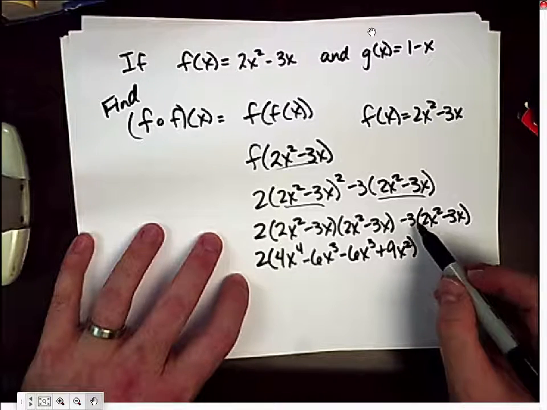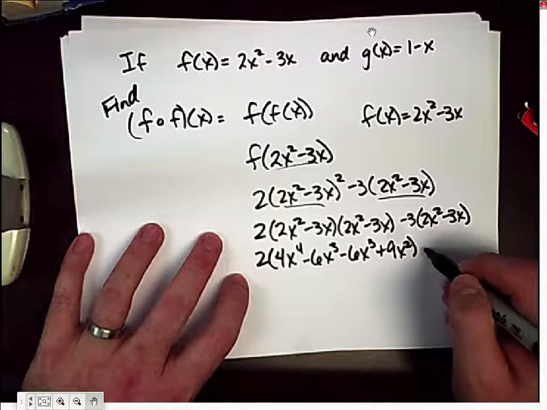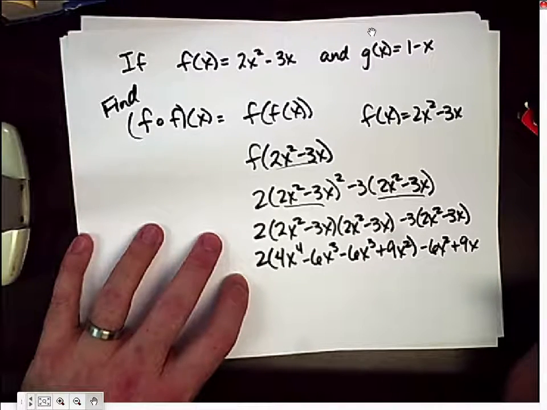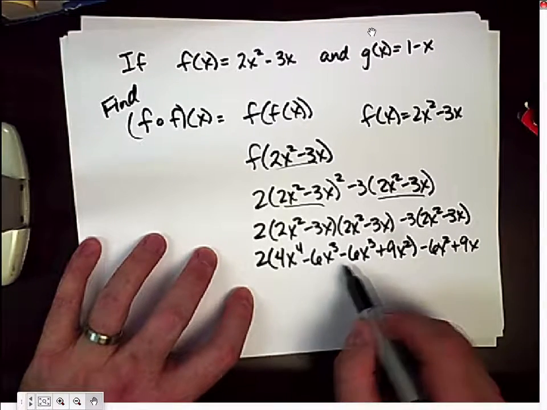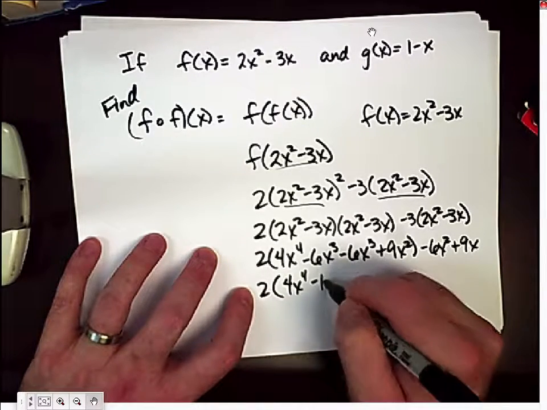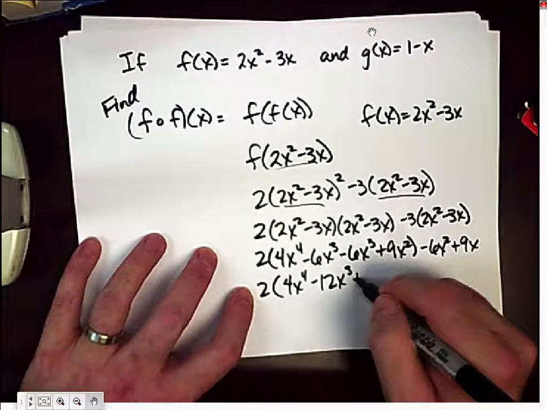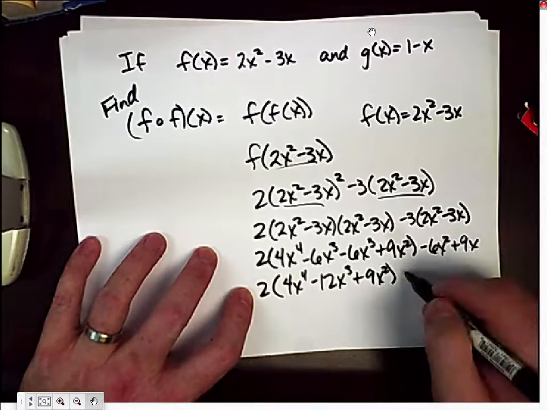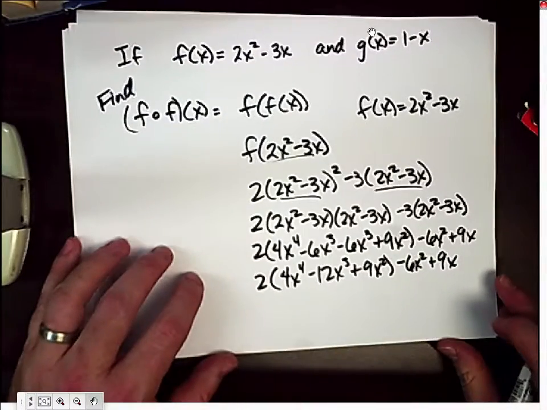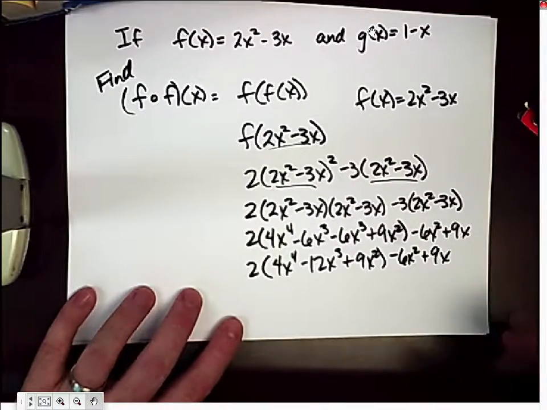Then over here, you got a minus 3 that you get to distribute. So that's minus 6x squared plus 9x, right? Here we have two like terms that we can combine. 4x to the fourth minus 12x to the third plus 9x squared minus 6x squared plus 9x. Lastly, we're just going to distribute the 2.